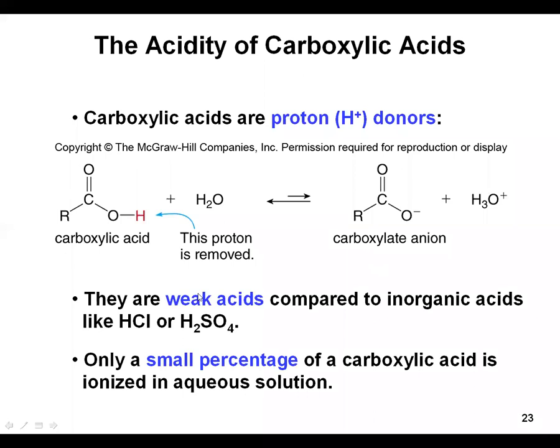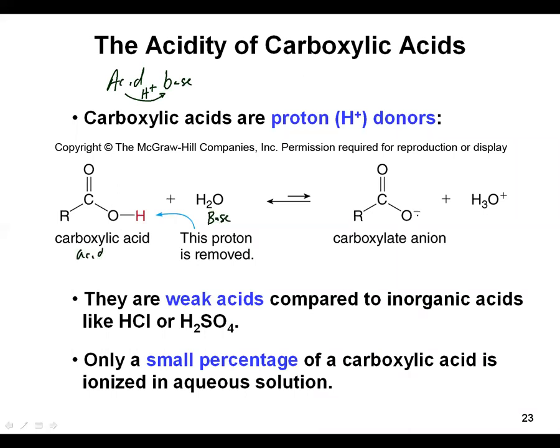So let's talk about a reaction that carboxylic acids undergo. Because they're an acid, hence the name carboxylic acid, they can do an acid-base reaction like we talked about. If you remember, an acid is a proton donor, and a base is a proton acceptor. So if you take a carboxylic acid and water, the water would act as the base, and the carboxylic acid would act as the acid.